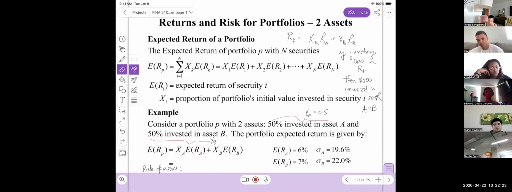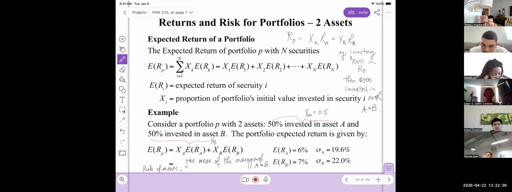The mean, which means average anyways, the mean of the average of two variables is equal to the average of the two means. So all this is doing is saying you're going to average their means using the same weights.